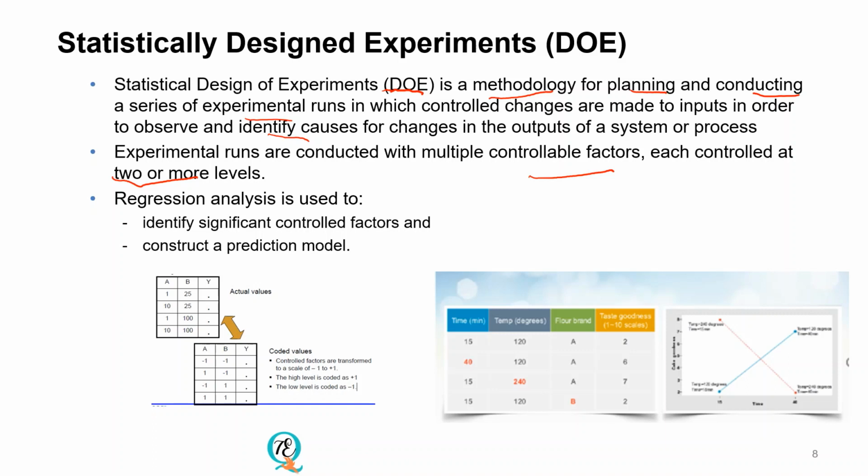Later on, regression analysis or modeling techniques are used to identify the significant factors which could have an impact on the results, and also how to set these factors to an optimum level to achieve the desirable results through modeling. And we can also predict future results using this type of modeling with different types of X.